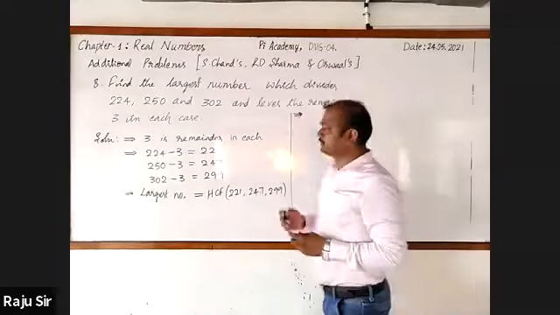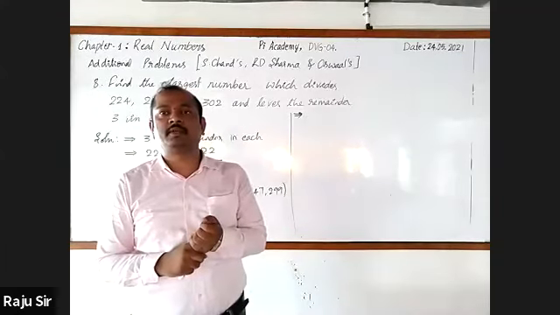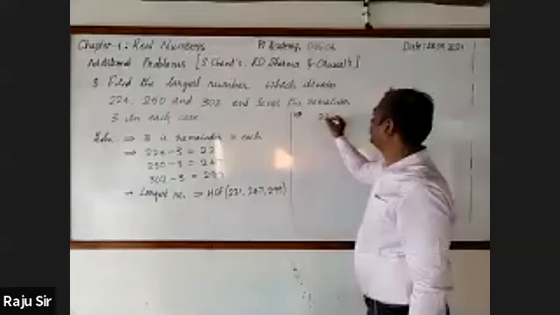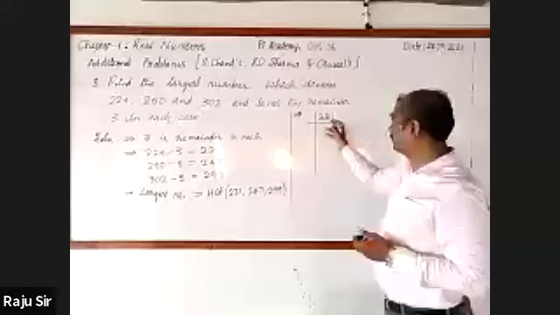To find out the HCF, whether you go for Euclid's division algorithm or else the fundamental theorem of arithmetic. Fundamental theorem of arithmetic. Here 221, by which number can it be divided? 13, very good.